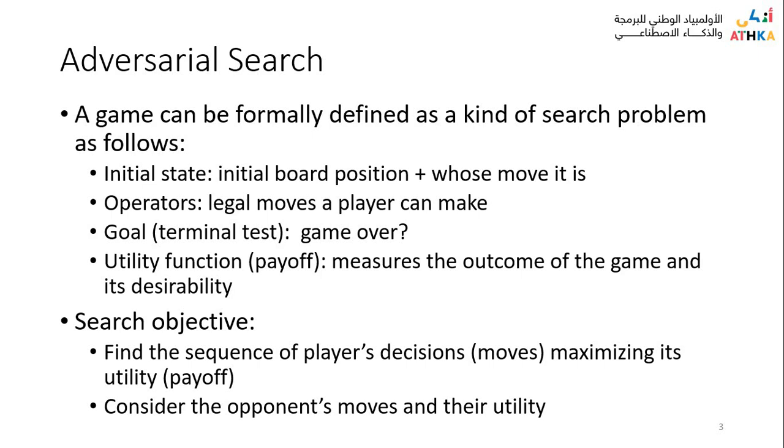For example, in tic-tac-toe, the game is over if you have 3 X's or 3 O's in a row, or there are no more board spaces left. All of these conditions define game over. In a chess game, the game is over only if the king is dead, if you have a checkmate and the king cannot move.